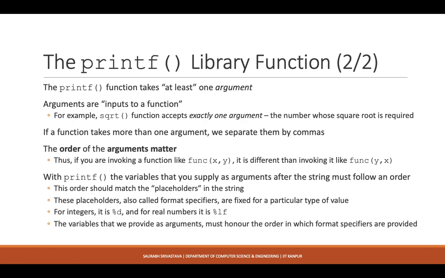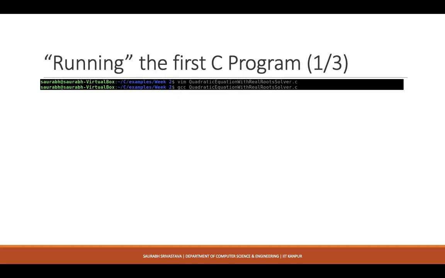This is something you will have to remember: %d is used for integers, and for real numbers, for now we have seen that the data type we declared was double. So for real numbers or doubles, you need to use %lf. And as I said, the variables must be provided in the same order in which the format specifiers were provided.